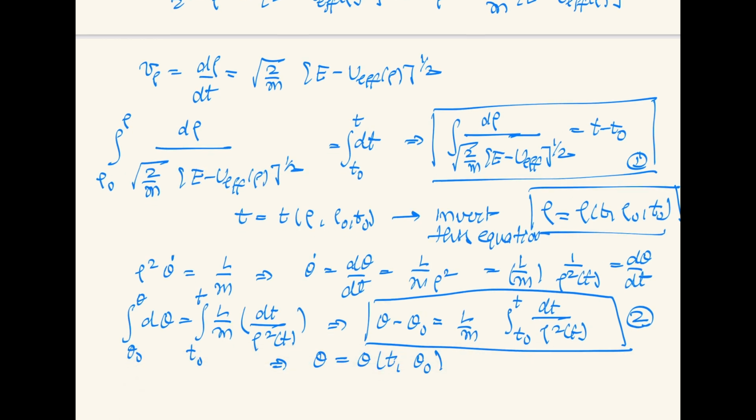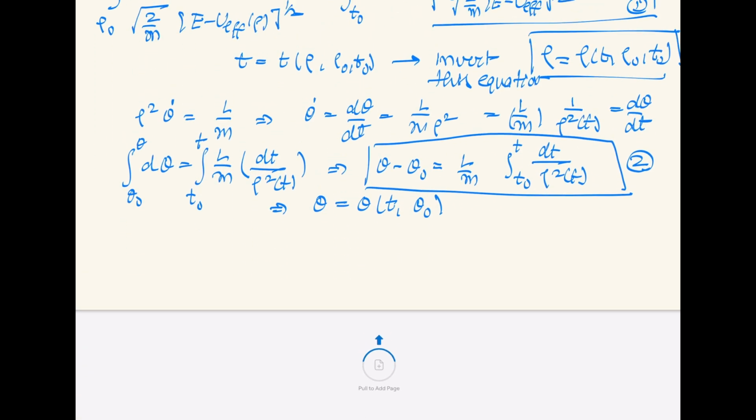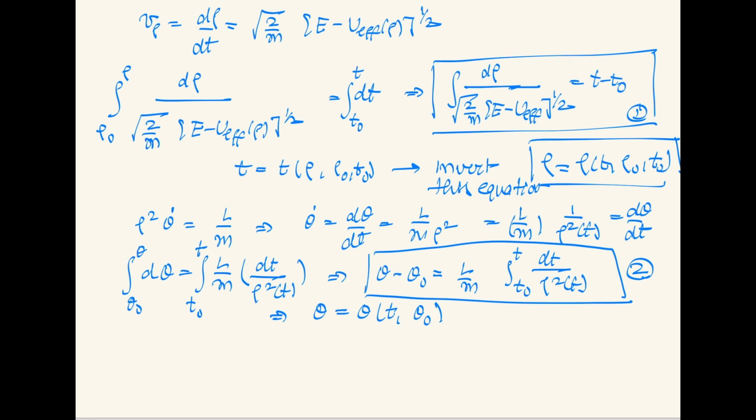Well, let's go back to this equation here. We'll go back to our equation for d theta by dt. And d theta by dt is going to be equal to L by m and 1 by rho squared of t. Is that right? And now let us take a look at this equation over here.